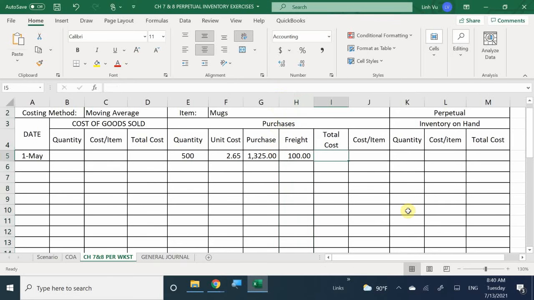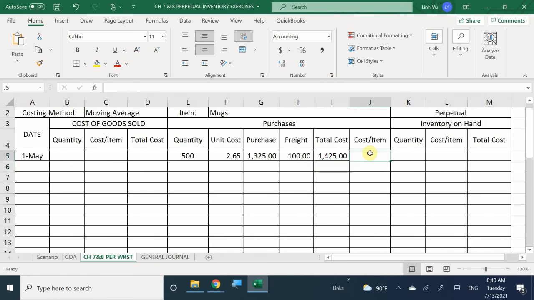Okay. Plus my $100 freight gives me a total cost of $14.25. Okay. And now that I have that right, I only have my first batch of inventory. So what is my cost per item?